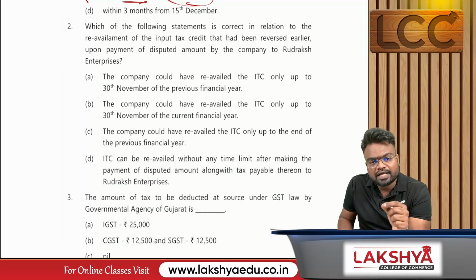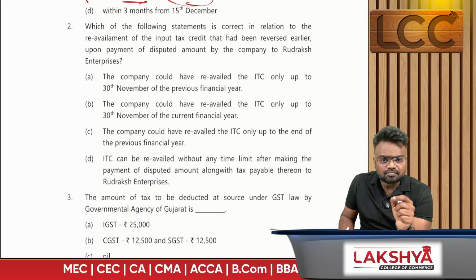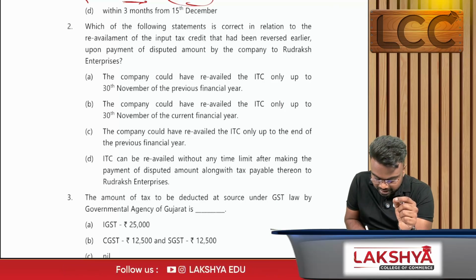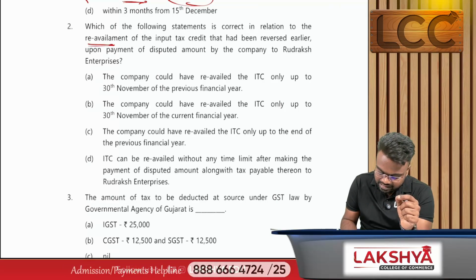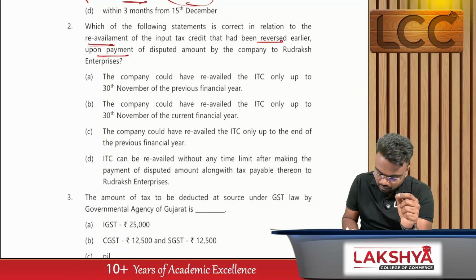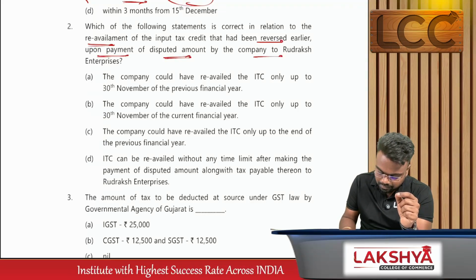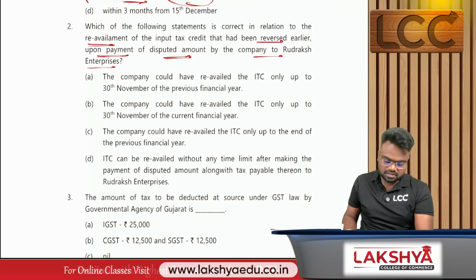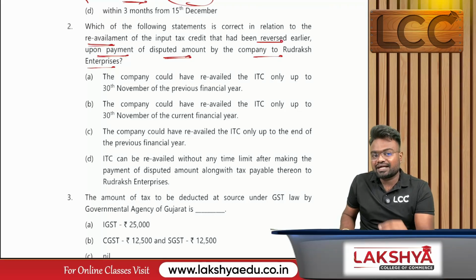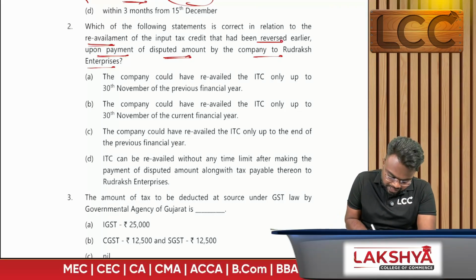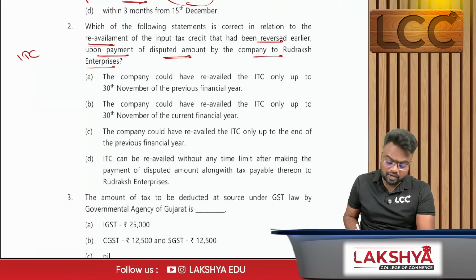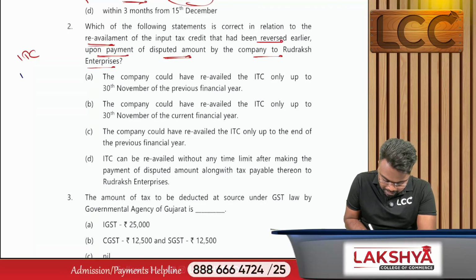Which of the following statement is correct in relation to the re-availment of the ITC that has been reversed earlier upon payment of disputed amount by the company to Rudraksh Enterprises? If you remember the conditions of ITC, you can avail ITC provided we need to make payment within 180 days to the supplier.